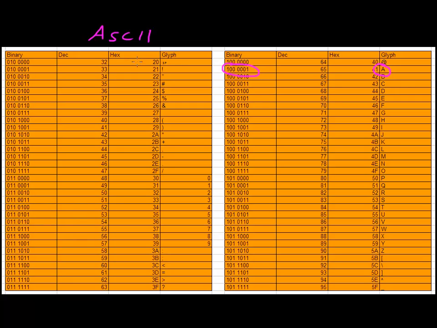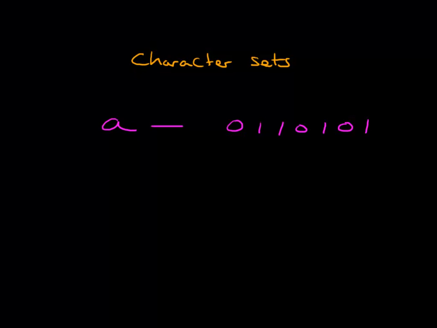It's a way of laying out and saying that certain English alphabet characters can correspond to a particular binary. Now we do have to consider how many characters are available within a particular system. We need to consider how many possible characters we can encode with a certain number of bits.